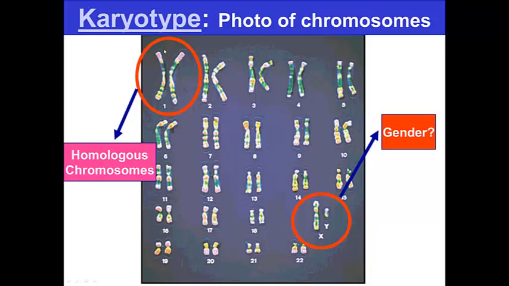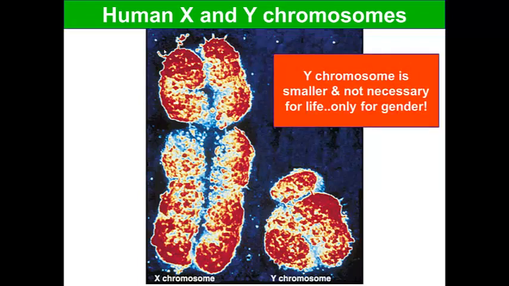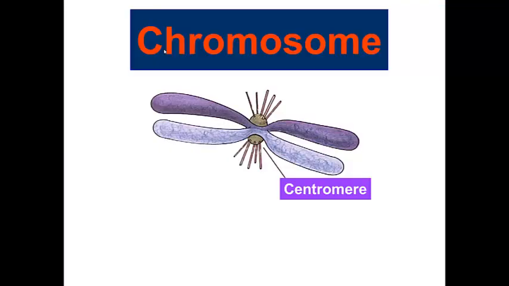Those are the pairs that have been replicated. You get 1 chromosome from mom and 1 chromosome from dad. In the human XY chromosomes, Y is smaller and not necessary for life. If somebody doesn't have a Y chromosome, it's not necessary for life. However, it is necessary for gender. So in order to be male, you have to have a Y chromosome.